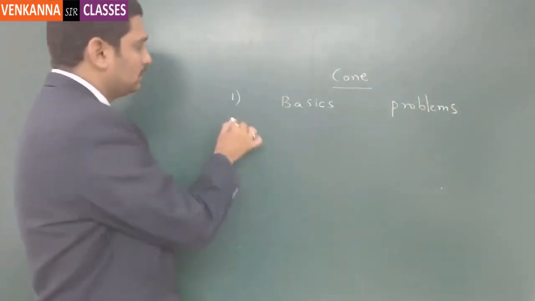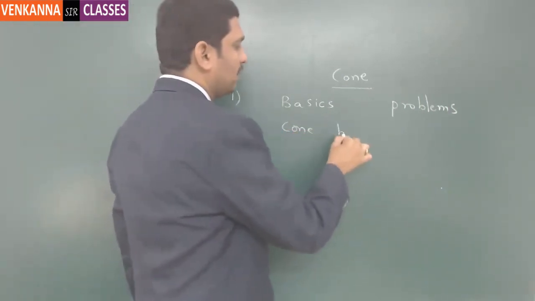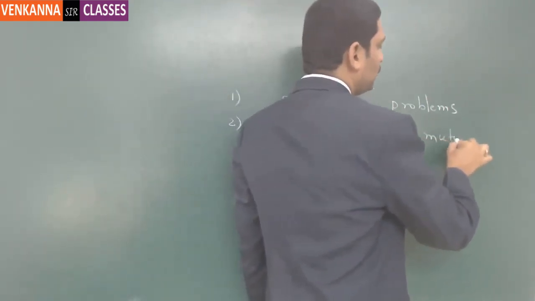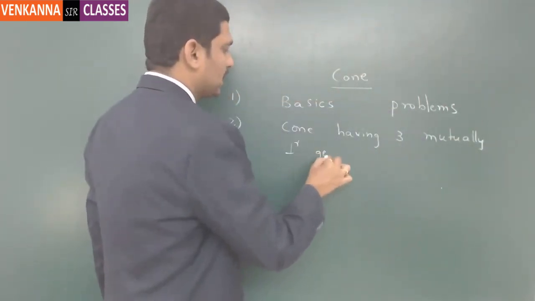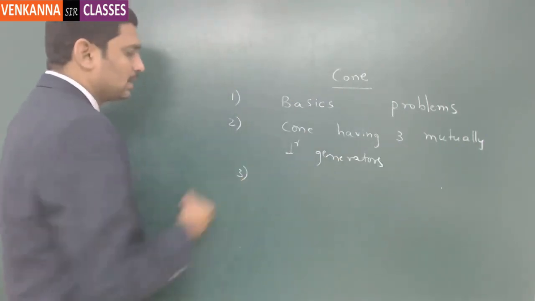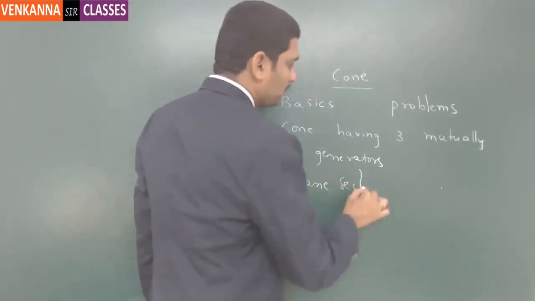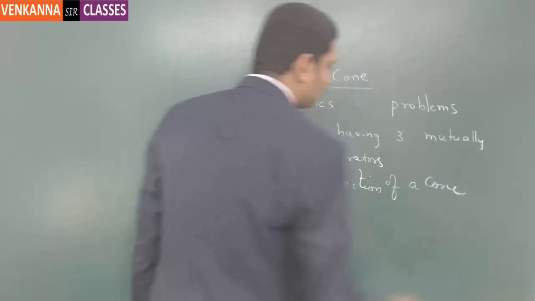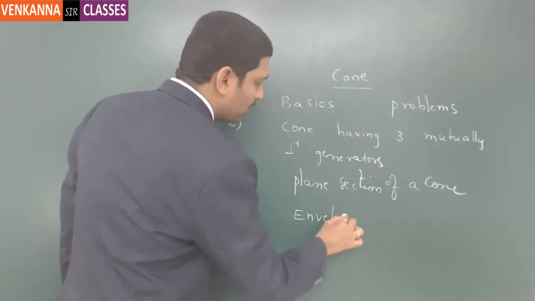The second part is a cone having three mutually perpendicular generators. The third part is plane section of a cone. Then we discuss enveloping cone.